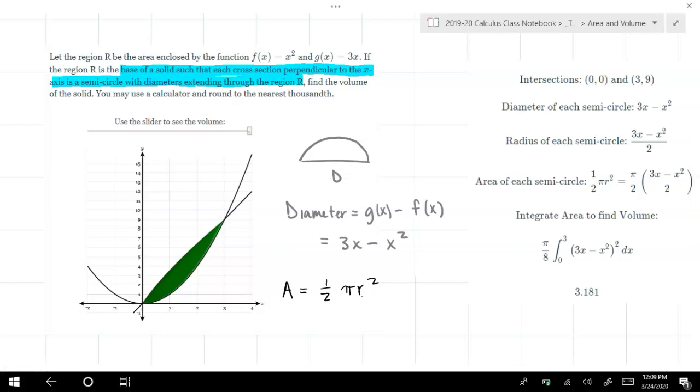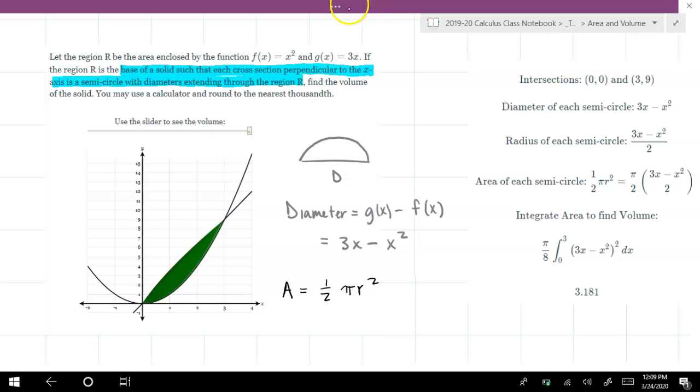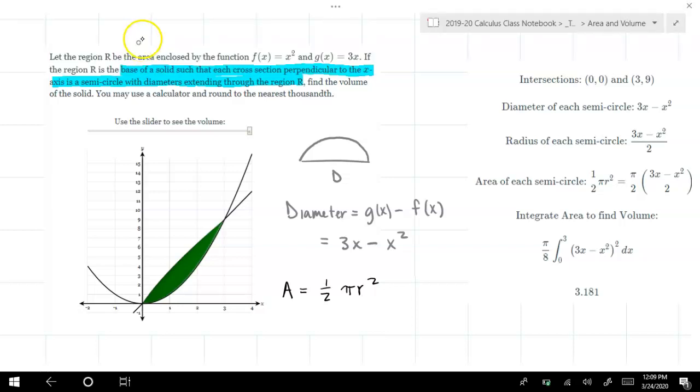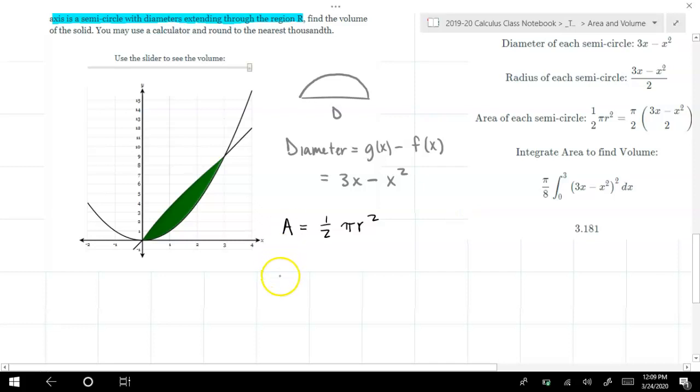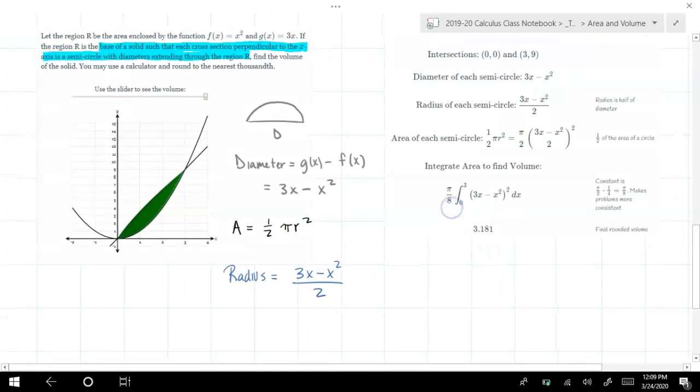Well, if the diameter is 3x minus x squared, then the radius is half of that. So the area that we're going to integrate is 1/2 times pi times this quantity squared.